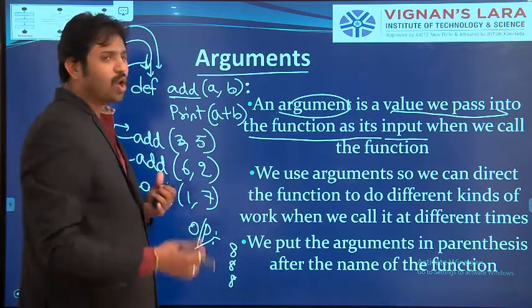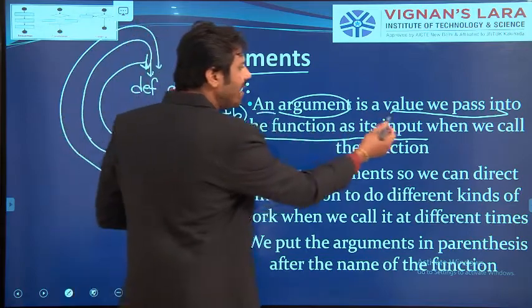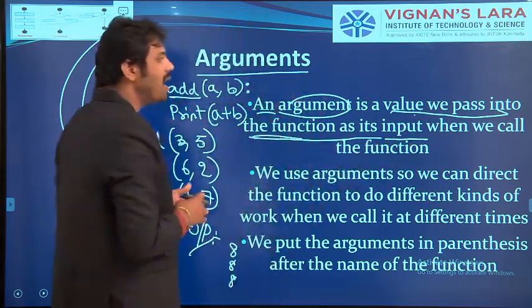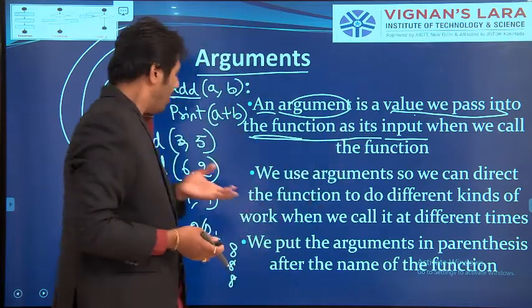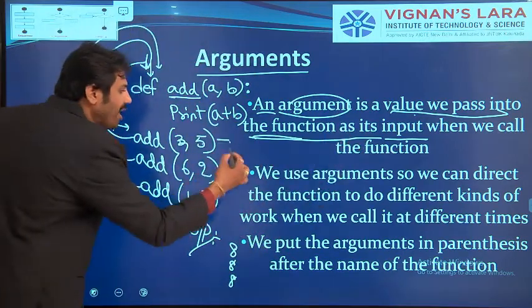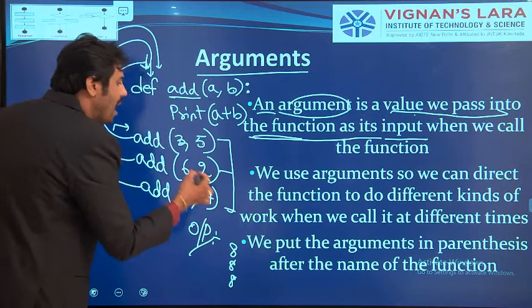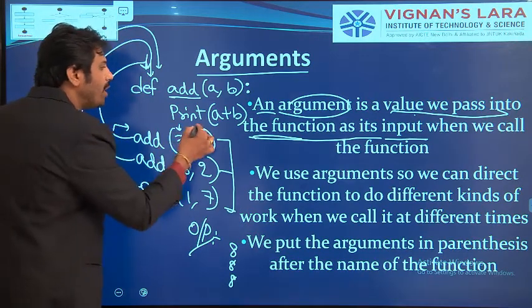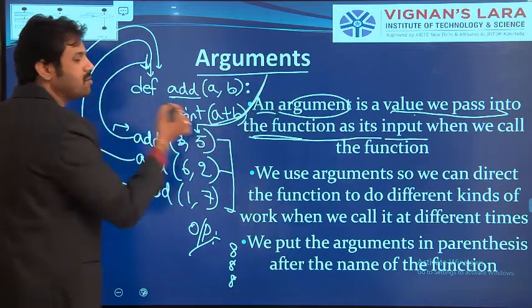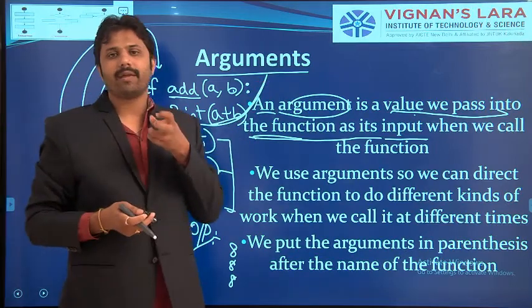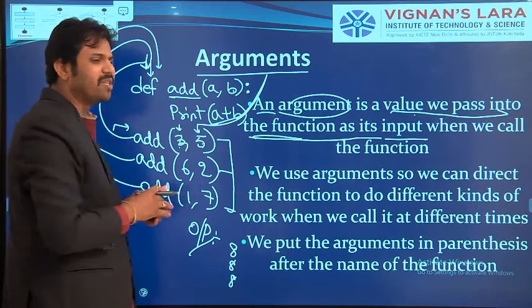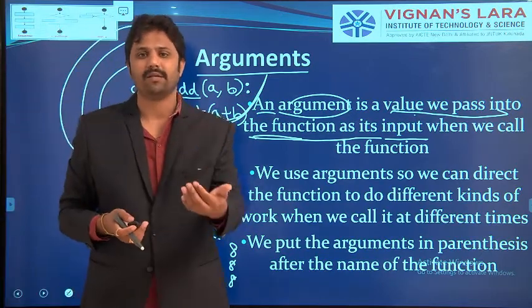It returns. So that's why an argument is a value we pass to the function as its input when you call the function. Whenever you are calling these functions, the values you pass, we call as arguments. So 3 and 5, 6 and 2, these are all the arguments we have passed.